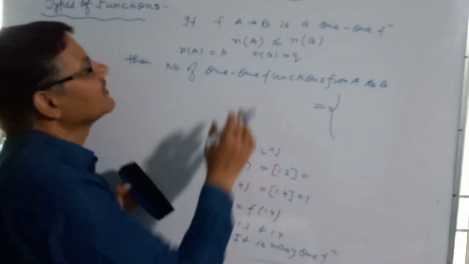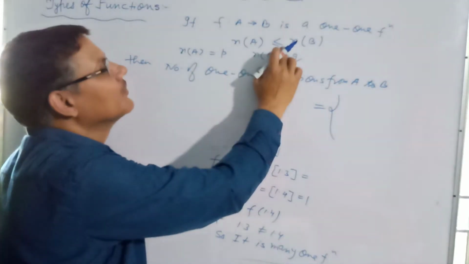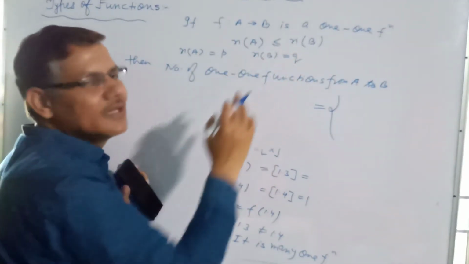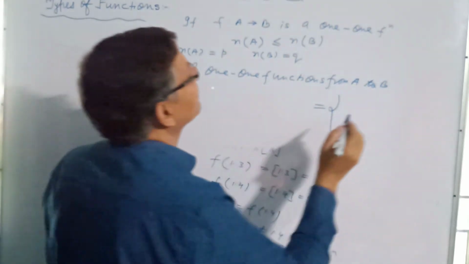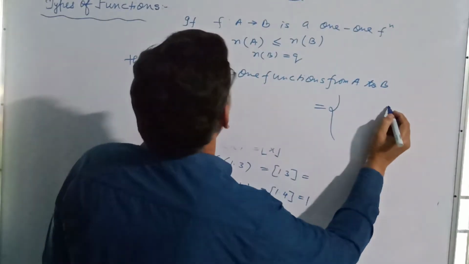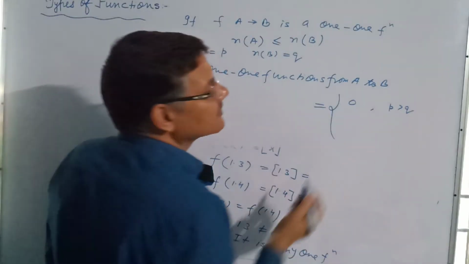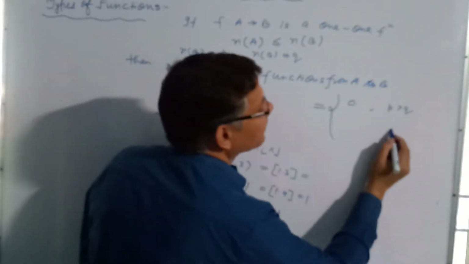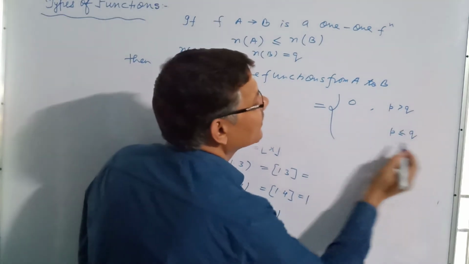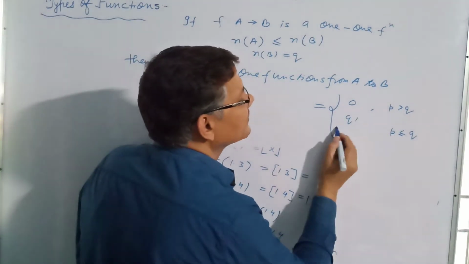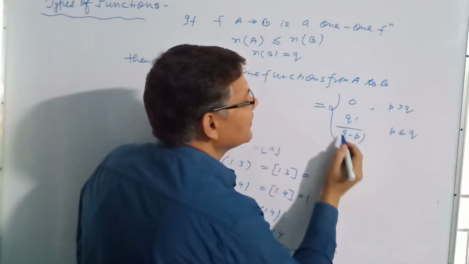When this condition is not satisfied, not a single 1-1 function exists. It means when P is greater than Q, the number is 0, and if P is less than or equal to Q, then its number is Q factorial by (Q minus P) factorial.